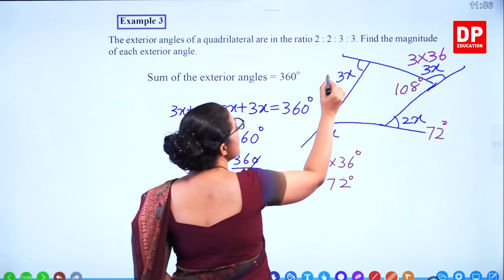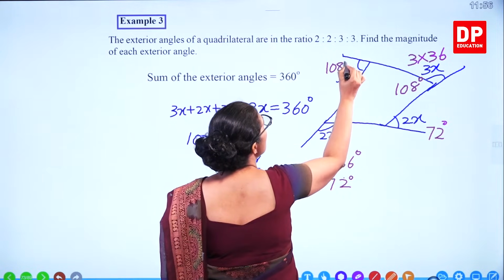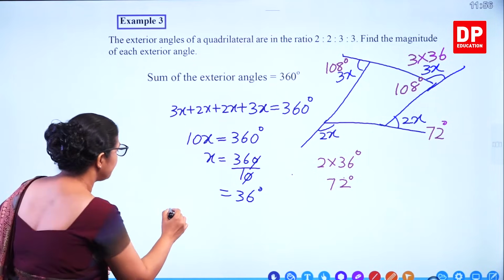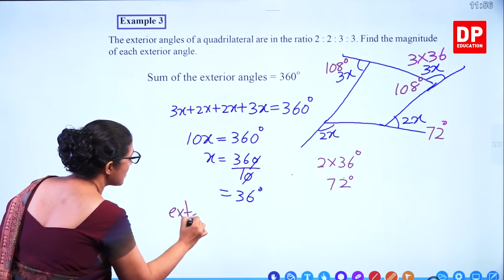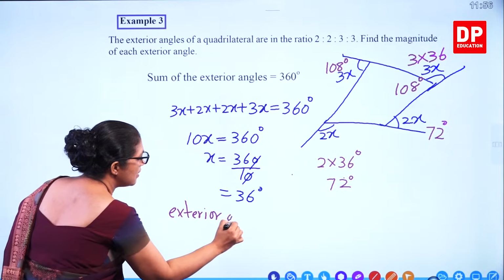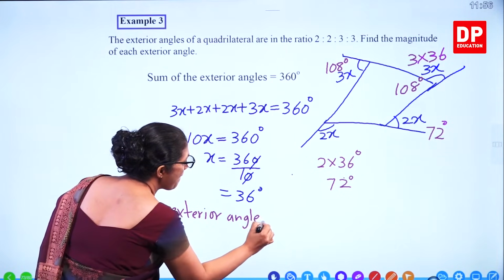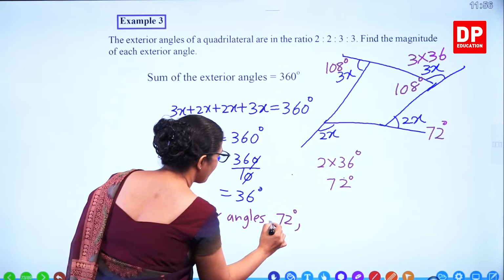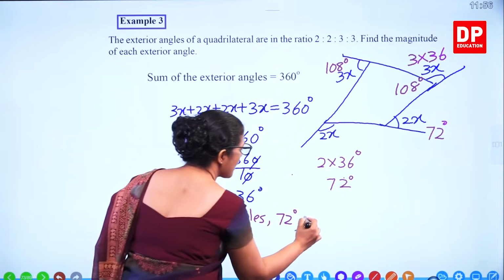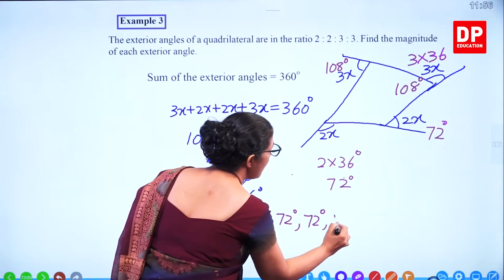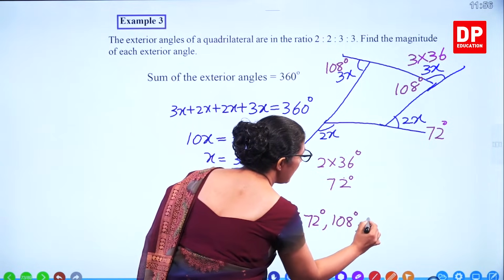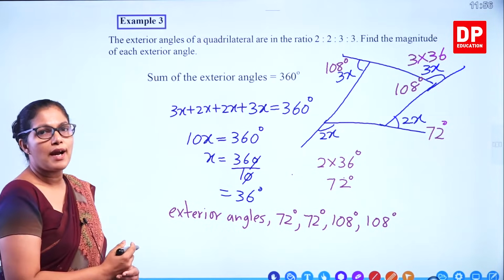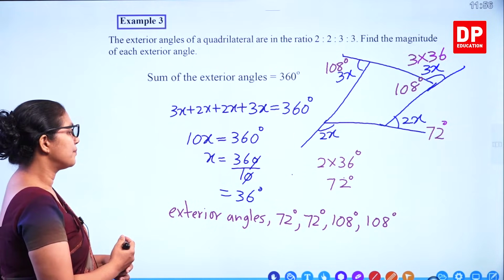So that's 108 and this is also 108. So what are the exterior angles? Exterior angles are 72, 72, 108 and another 108 degrees. The sum is 360 degrees.